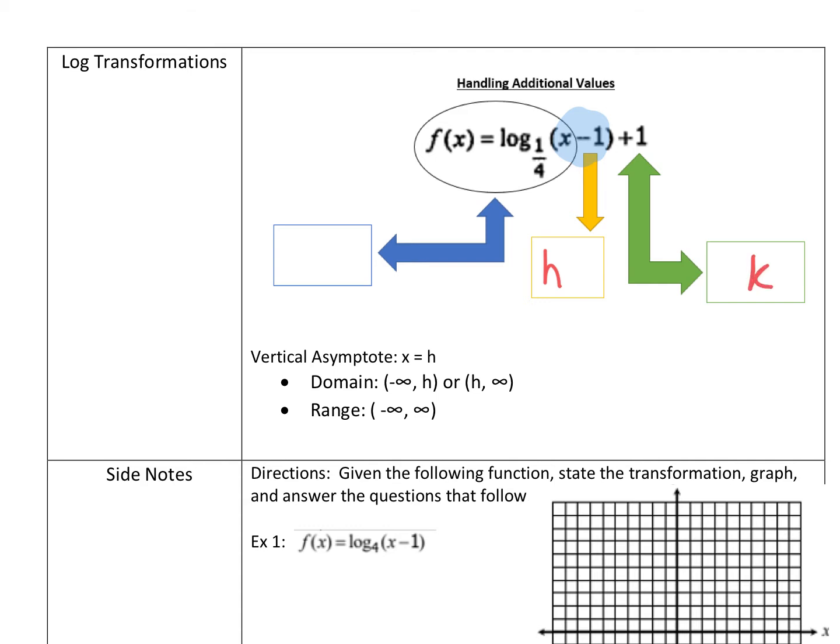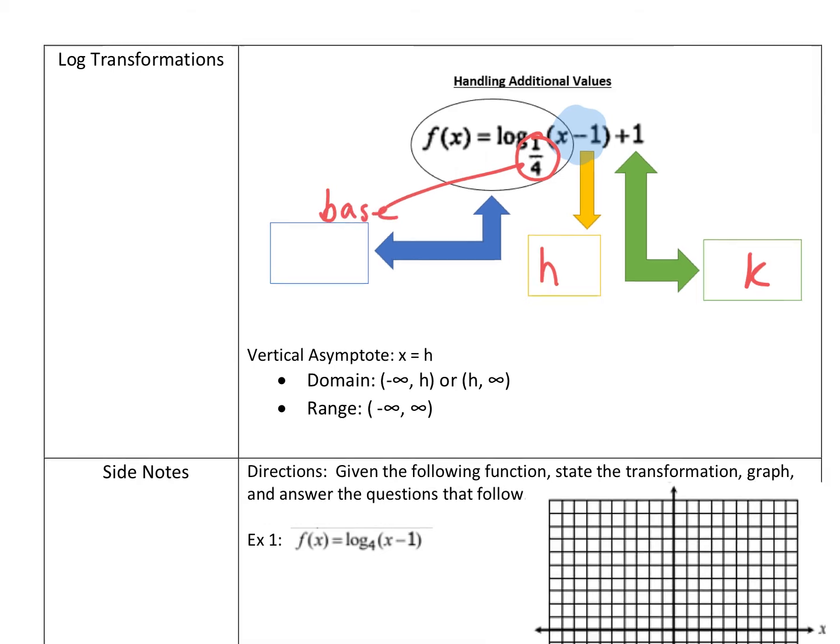And then this is still going to be a k shift, so if there's a plus 1, that means we're going up 1. If it was minus 7, that would mean we're going down 7. It's still going to shift these graphs. And then, that first circle, I don't even really know why it's circled, but just know that that's where your base is right here. So pay attention to what your base is, because that's going to totally change your table if you type in the wrong one. So know that this is your base.